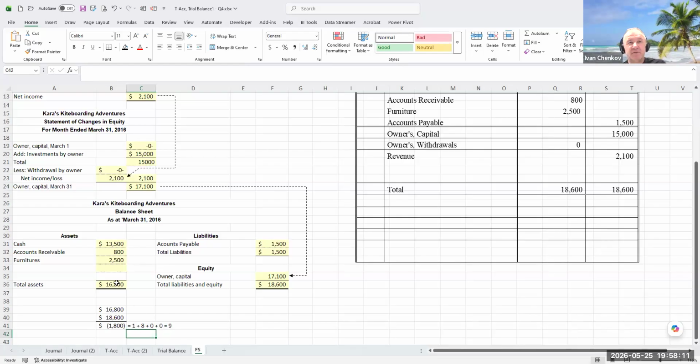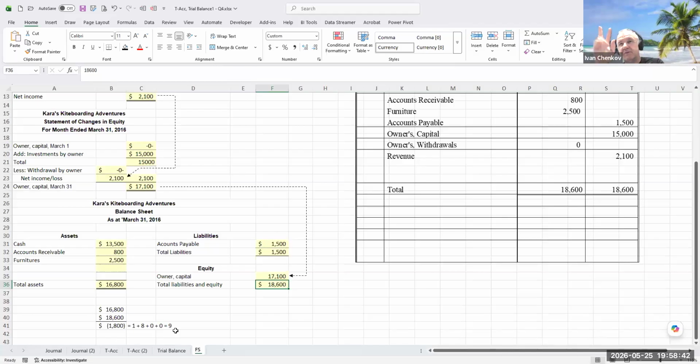So if you see these two numbers, one on the asset side and the other on the liability and equity side, and they're different, and you find that the difference between them is 1,800 or 2,700 or 900 or any combination of those, where the digits total 9 when you break them down into simple numbers, then that means a transposition error.